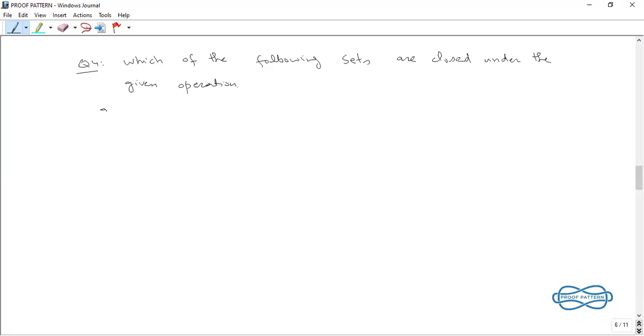The first part A is the set 0, 4, 8, 12 under addition modulo 16. It is easy to create the Cayley table, and from the Cayley table it is easy to check whether this set is closed or not.